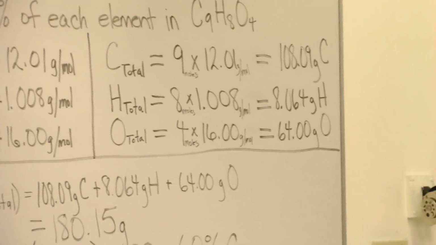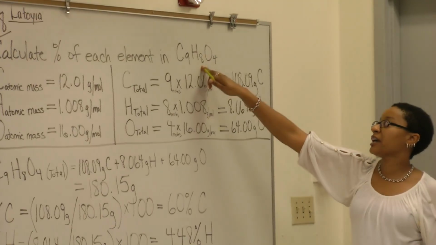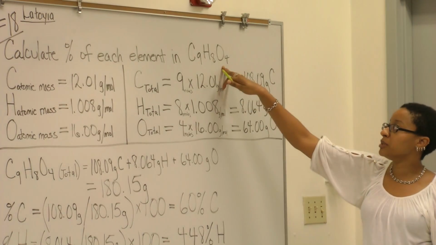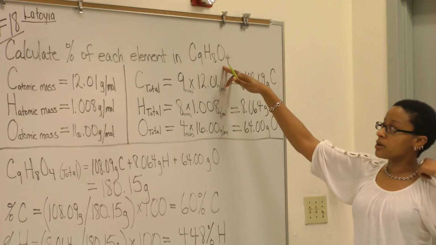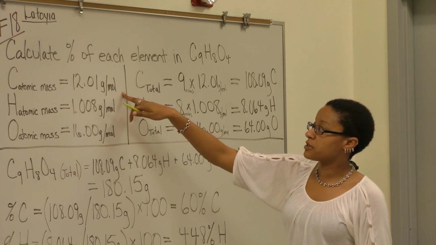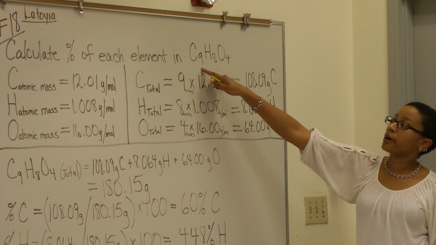I didn't plan on having to explain this. So number 18 just gives you this C9H8O4, and it wants to know the percent of each element here. So the first thing you want to do is find out the atomic mass of each individual element, and then it tells you how many there are.